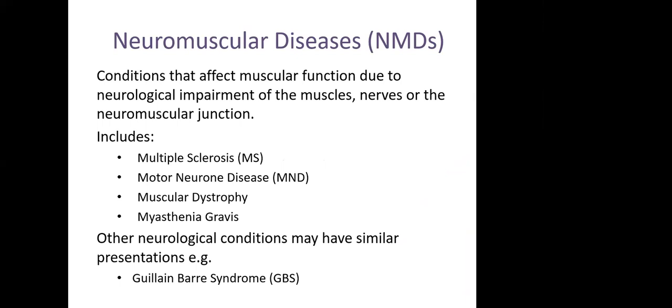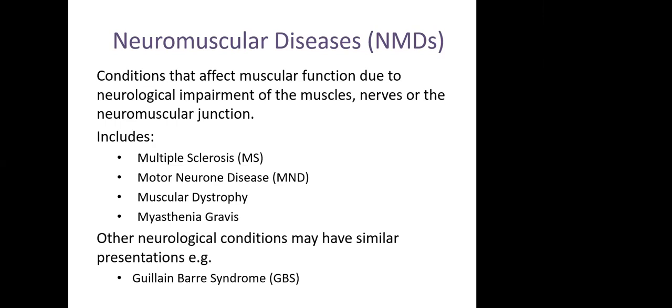Again, we're not going to go into the very detailed physiology around this, as that's a completely different session. Here is a very small list of probably the more common neuromuscular diseases that we come across, probably on both sides of the city. So MS, MND, muscular dystrophy, myasthenia gravis. Again, not an exhaustive list, but they're probably the common ones.